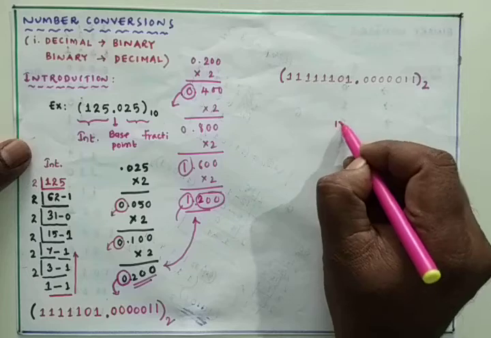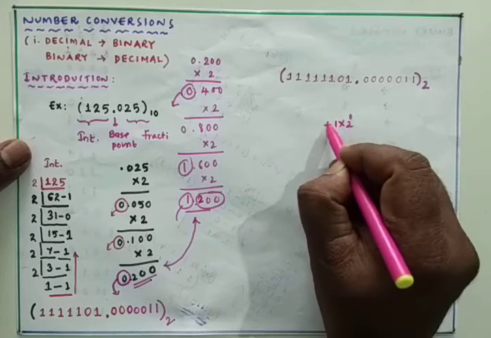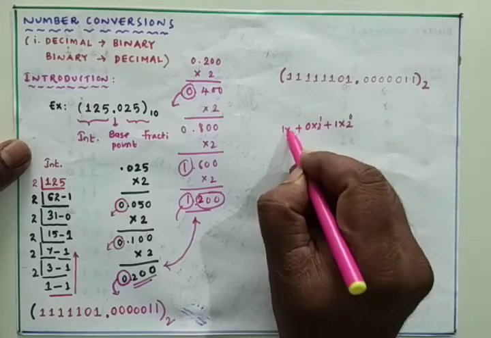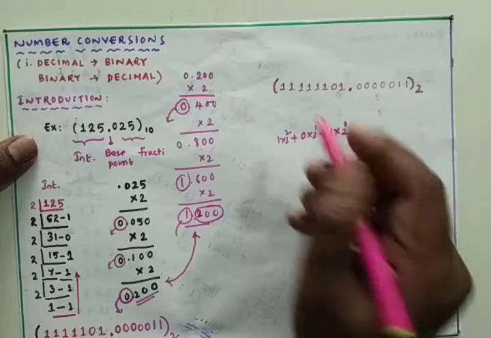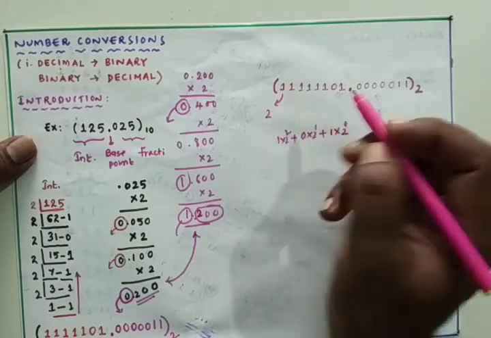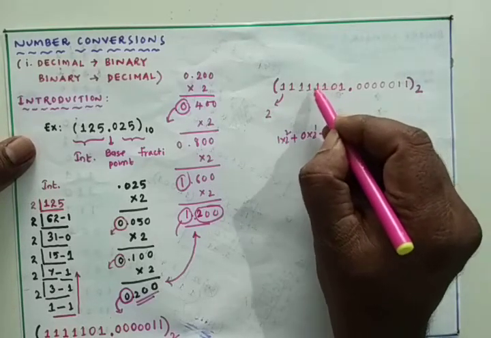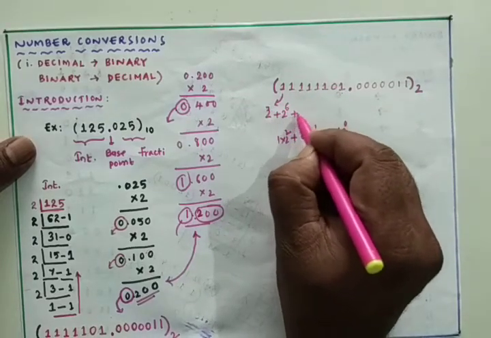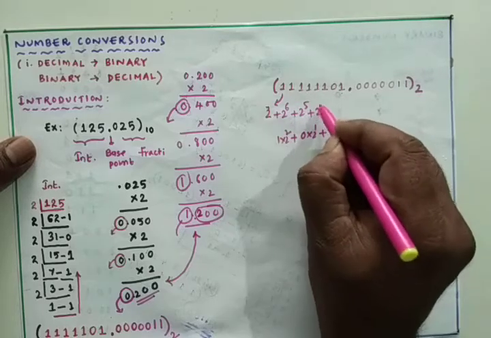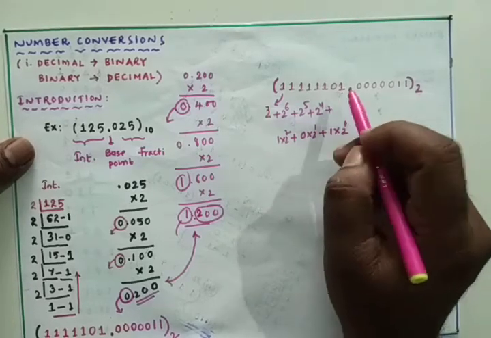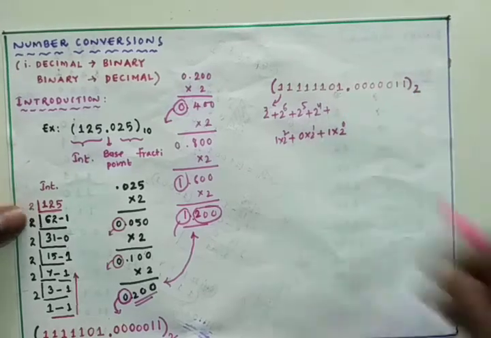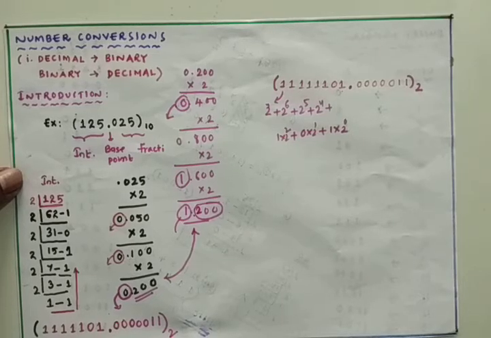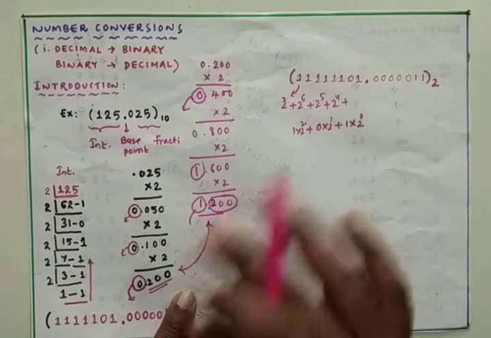This is 1 into 2 power of 0 plus 0 into 2 power of 1 plus 1 into 2 power of 2 plus, likewise, 0 1 2 3 4 5 6 7, 2 power of 7 plus 2 power of 6 plus 2 power of 5 plus 2 power of 4 plus... sorry, it got confused.